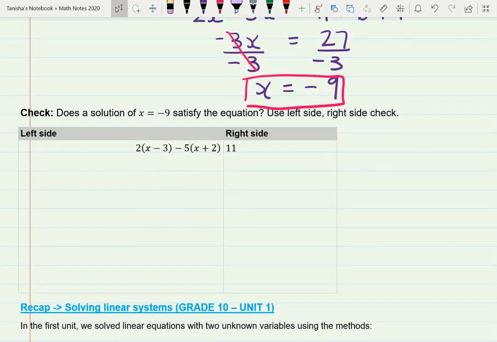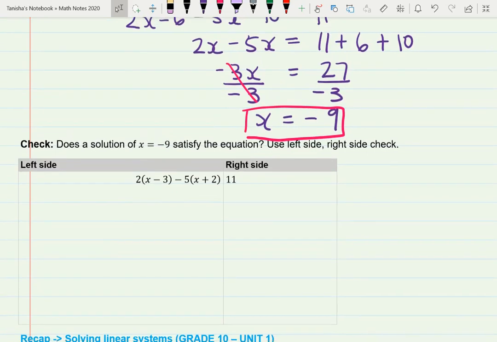And again, when we check, we do our left side, right side setup check. So we set up our table, left side, right side of the equation. The left side of our equation had the 2(x - 3) - 5(x + 2). The right side had 11. Notice that there's no equal sign indicating equality between the left side and the right side. We're checking this with the value of x.